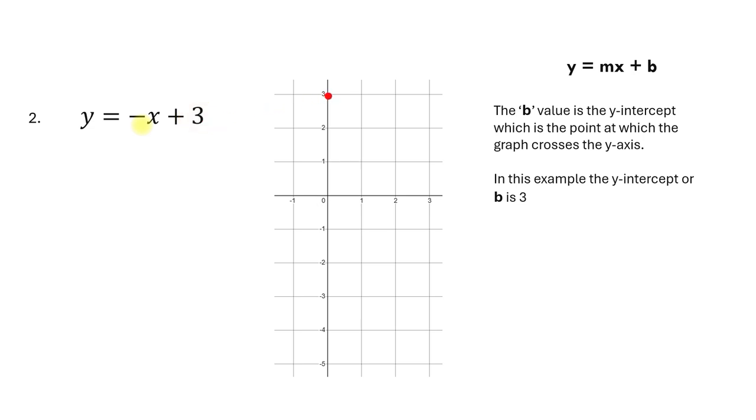So we'll just put a coordinate point at the y-intercept at 3. Now looking at the coefficient in front of the x value, it's presumed to be -1. It's not actually written there, but we assume that there's a -1.